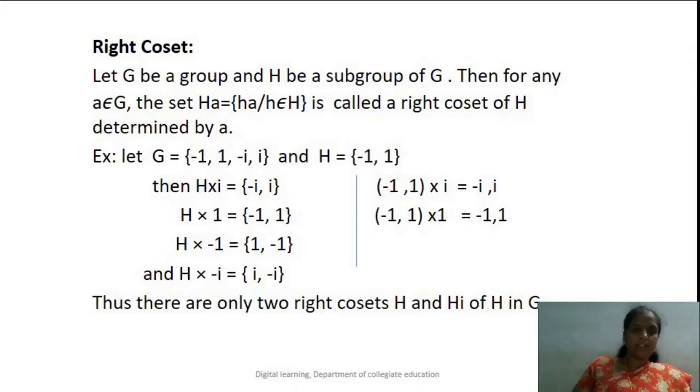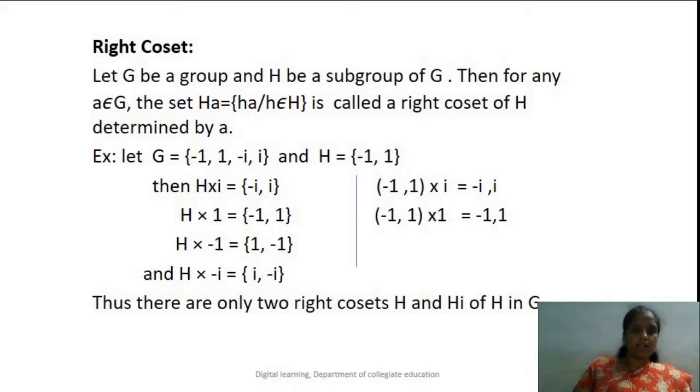Next, the elements present in the group, namely i, -i, 1 and -1, have to be multiplied by H. So H into i becomes {-i, i}.